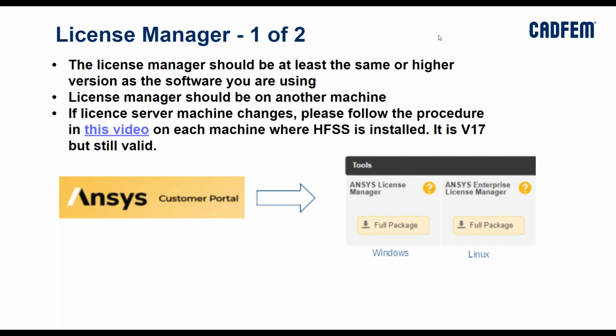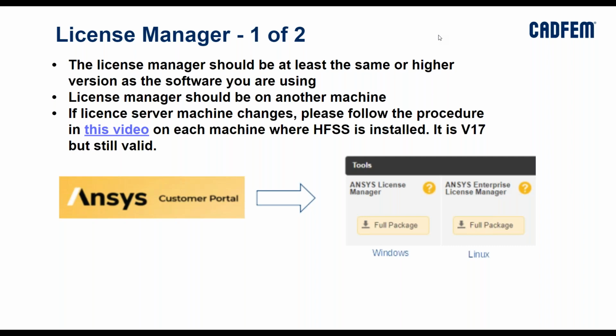So it depends where you want to install that license manager. It's highly recommended to have the latest version. You can be one or two versions back, but that's not really recommended. And another trick, for best stability, and I'll explain why, is to install the license manager on a separate machine.